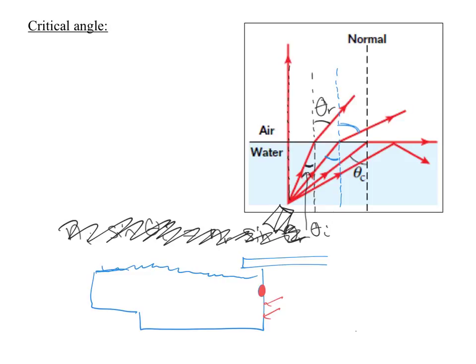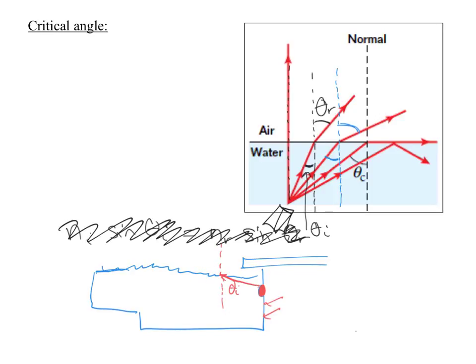The reason for that is because when this light hits the water, it's hitting it at such a great angle. Here's the normal. Here's the incident angle. Look how big that angle is. Theta I is so big that it's going to cause theta R, the refracted angle, to be very large. When the refracted angle is very large, it means that it's really far away from the normal.